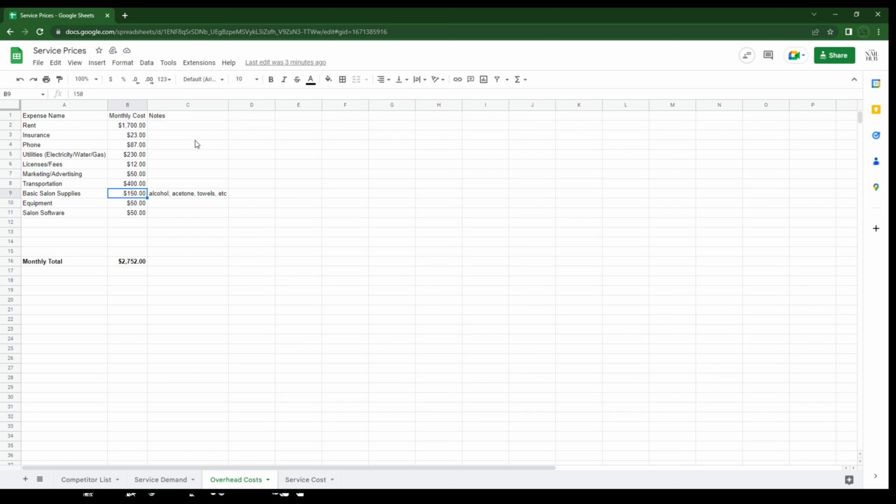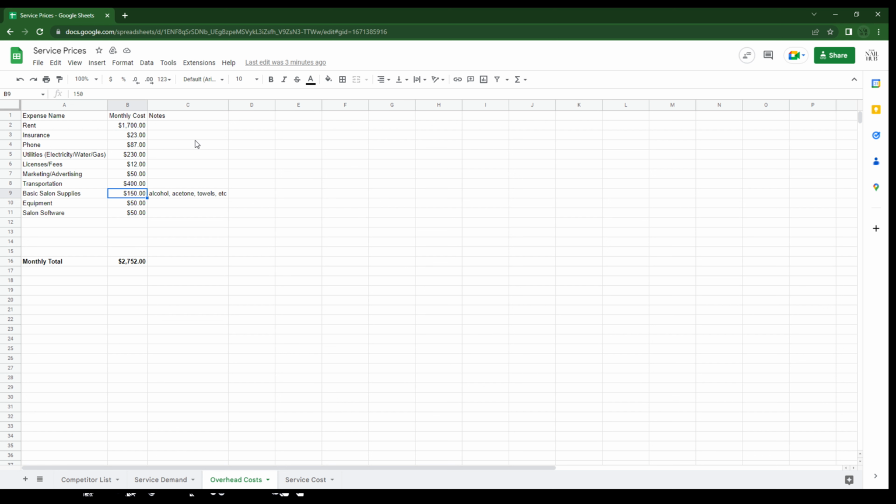Basic salon supplies. So this would not be gels or things that are more consumable and fluctuate more with how many services you're doing. A lot of times we have to buy things in bulk just to have them available for the salon. So this would be things like big jugs of isopropyl alcohol, acetone, maybe spa towels, things that are kind of consumables, but are things that you don't really change how much you order drastically if you did 5 services versus 7.